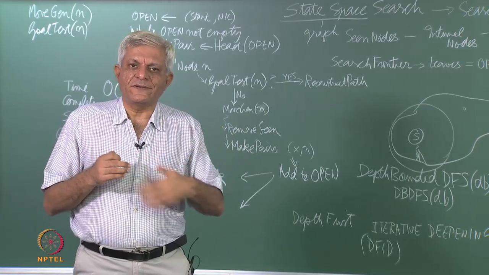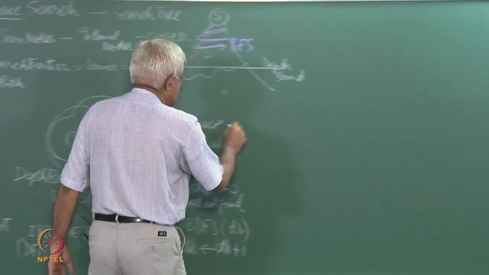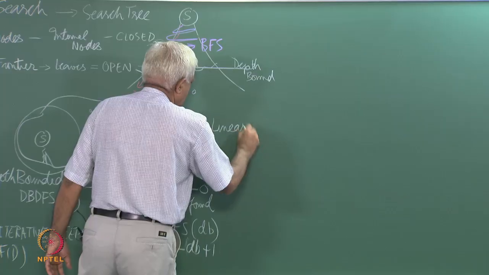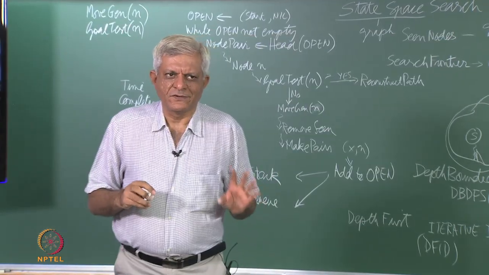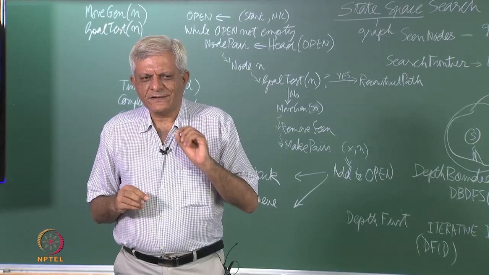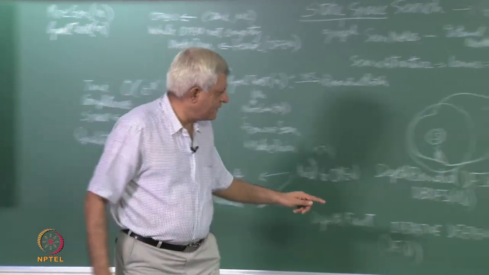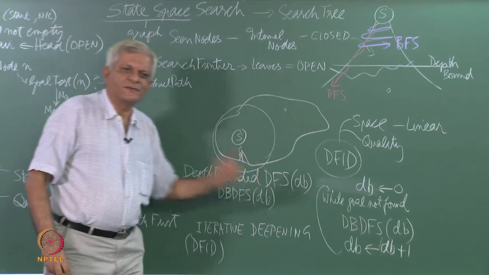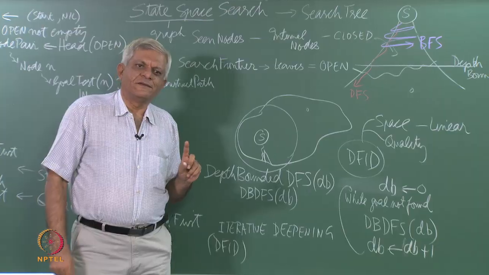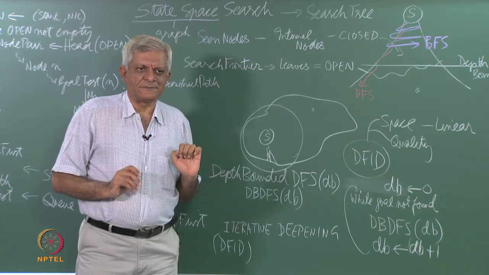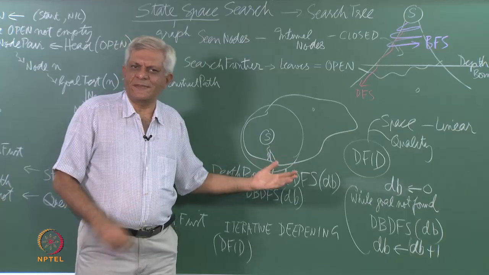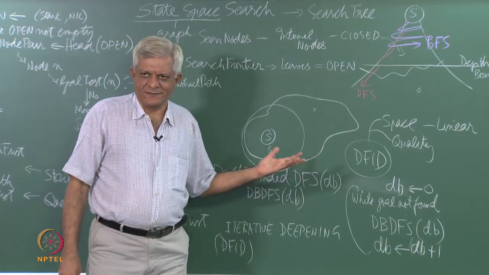Every time you do a different DFS with a different depth bound, but you are doing DFS. So, space is linear. So, does anyone have a doubt about this? You should clarify this at this moment itself. It is just doing a series of depth first searches. Inside every cycle in this loop, it is doing one depth first search. So, it must be requiring the space complexity of depth first search, which is linear essentially.